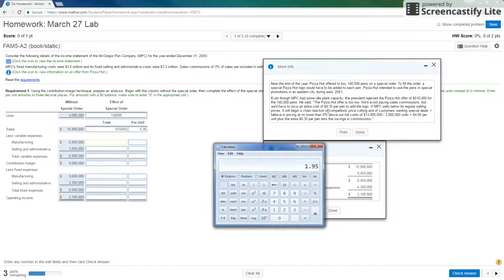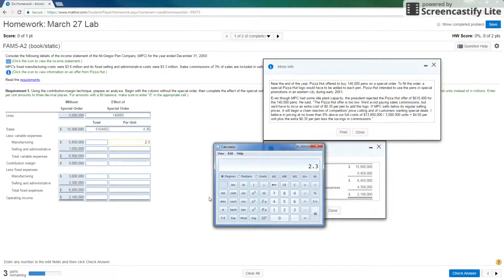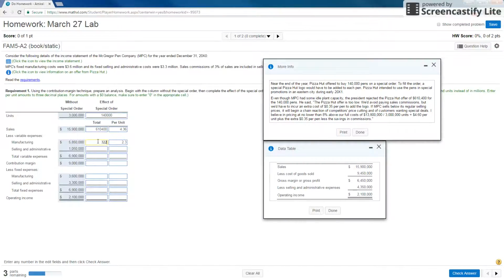But take into consideration that the logo will cost us an extra 35 cents, so we have to add that 35 cents to each unit. So our per unit cost will be 2.3, and since we are manufacturing 140,000 of those, the total will be $322,000.